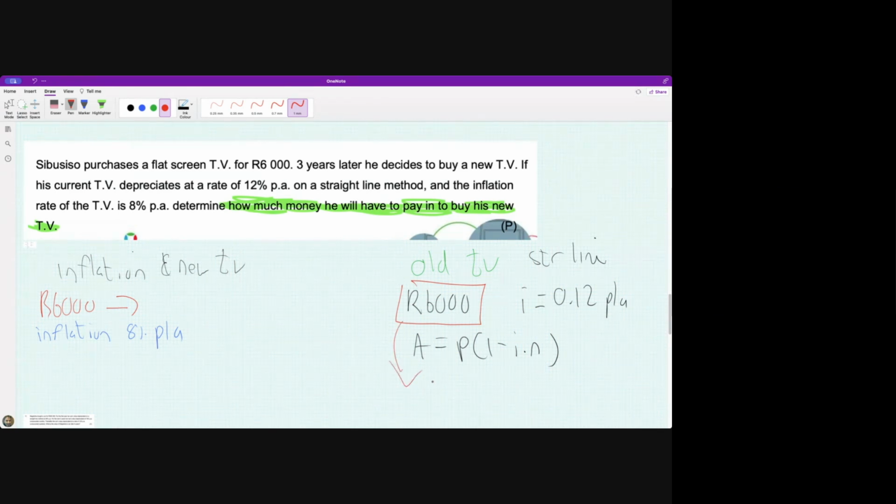Then the other part is you need to think, look, this TV was worth 6,000 Rand 3 years ago, but the price has gone up at 8% per year. And so what formula do you need to work out the new price of the TV? Well, you are going to have to use the compound growth formula to work out what the new TV's price is.